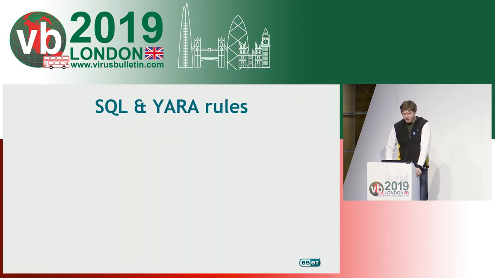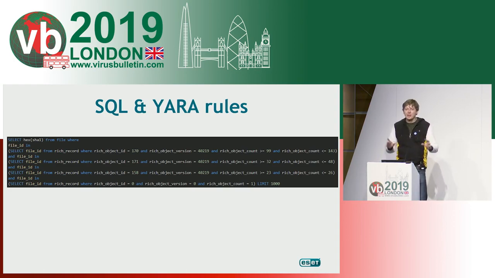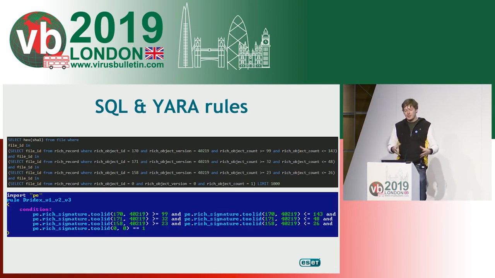And we mentioned we have two types of rules, SQL and YARA rules. SQL rules query the database. They look like this. It is really not comfortable to write them by hand, so the client does the job for you. And you also want to have the YARA rule that could be executed on a file.